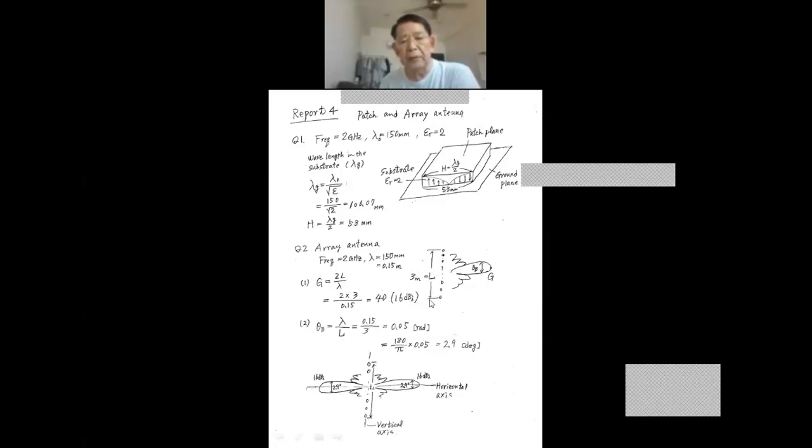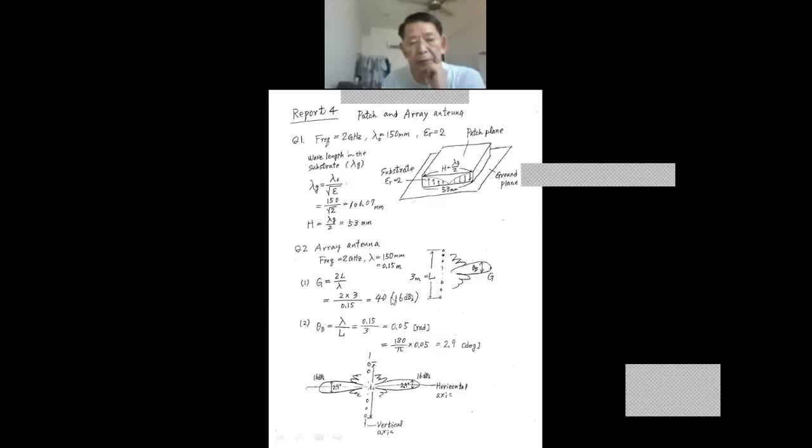So in the case of an array antenna of 3 meter length, first calculate the antenna gain and the half power beam width theta b. Gain is given by 2L divided by lambda. So put 3 meter and the wavelength 0.15 meter.